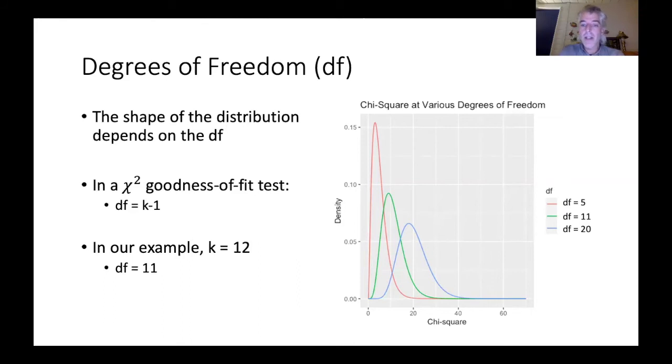And so you can see that I've redrawn this frequency distribution for a chi-squared distribution with 11 degrees of freedom in green here. And you can see, as before, the most likely value when the null hypothesis is true is that the chi-squared value is going to come out around 10, and values greater than 20 are really pretty unusual.